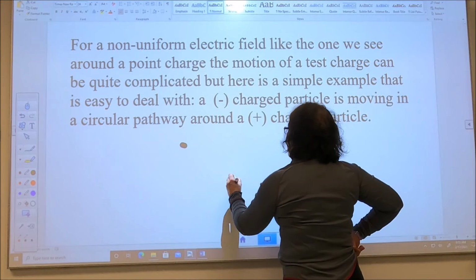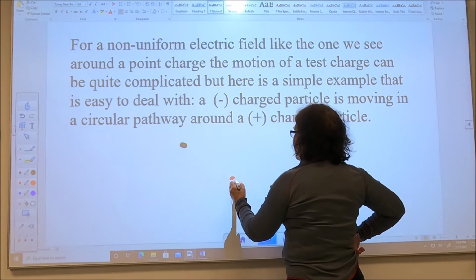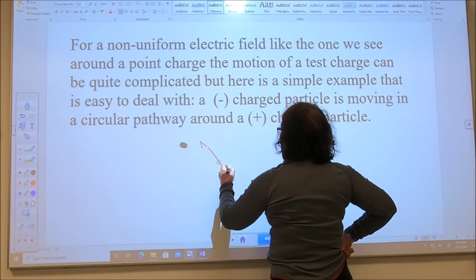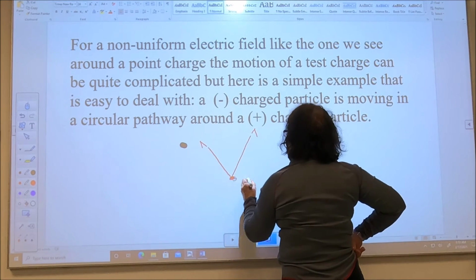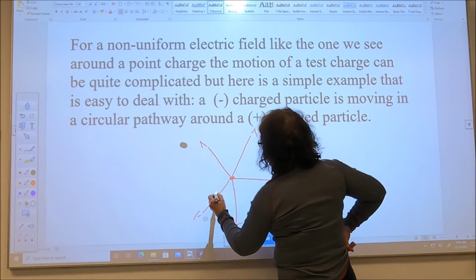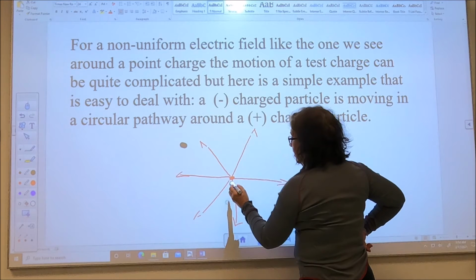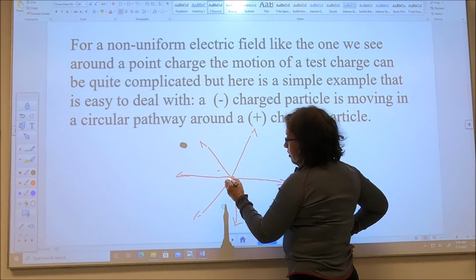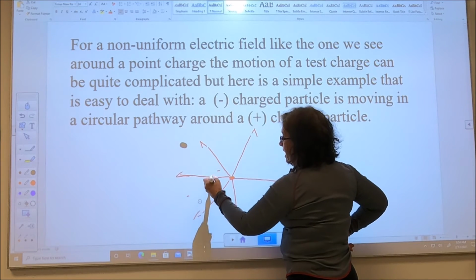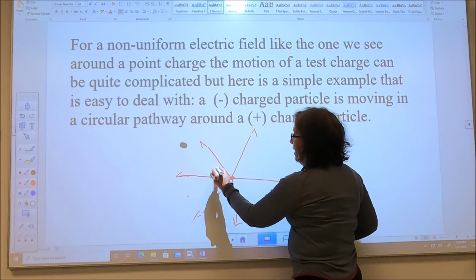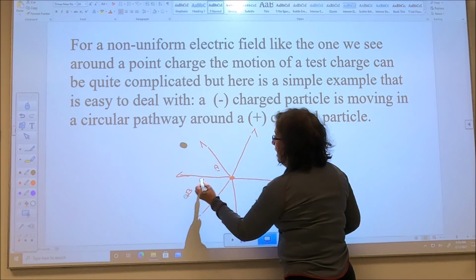If I've got a point charge here, and let's say this is a positive point charge, and I draw electric field lines, the field lines are closer together at a point here than at a point here, so I have different strengths of electric field at point A and point B.